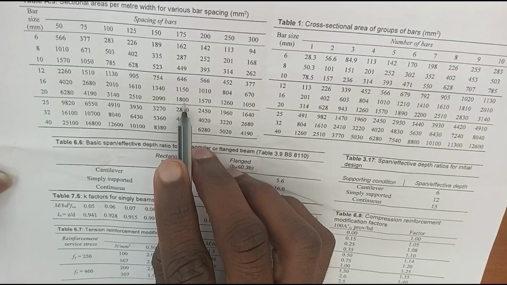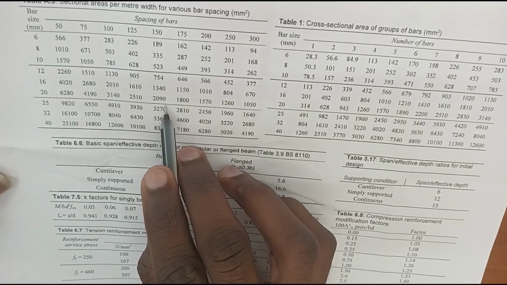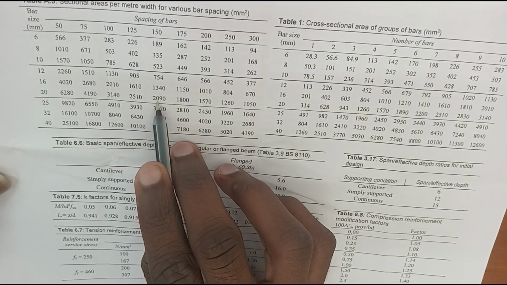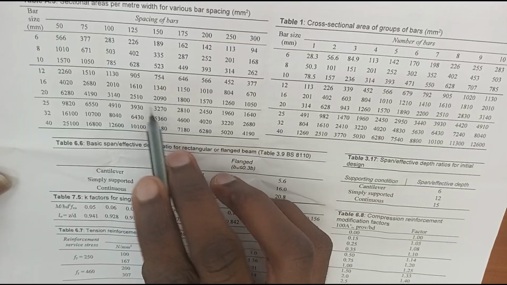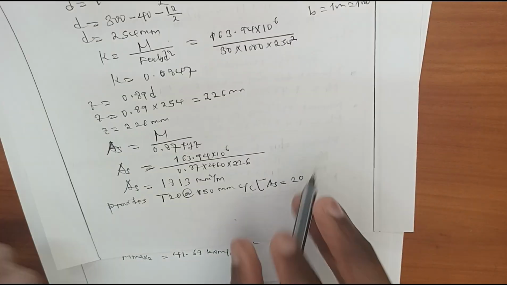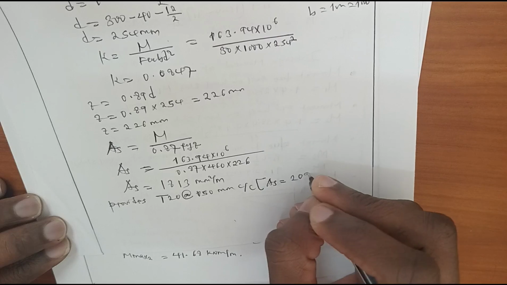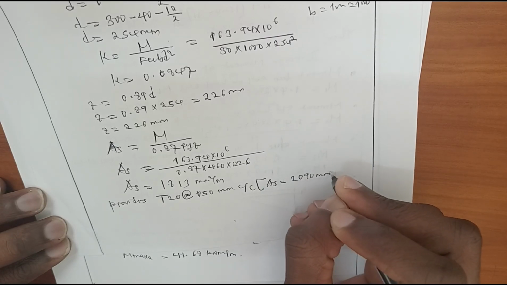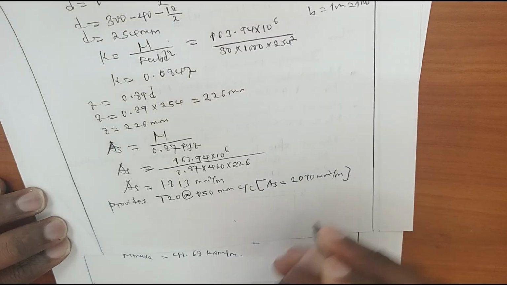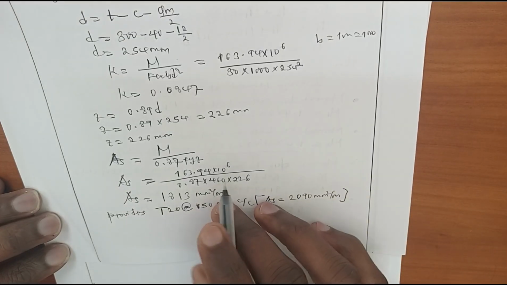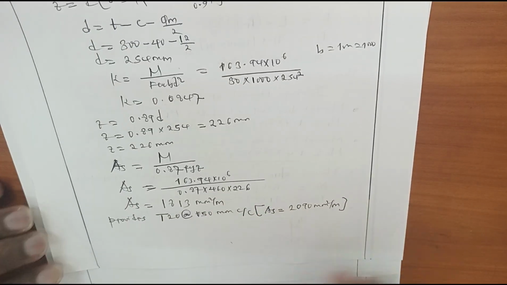This is greater than the area required. So the greater area closer to that area is this one. So it will be equal to 2090 millimeters square per meter. Now this is the area of main reinforcement required.